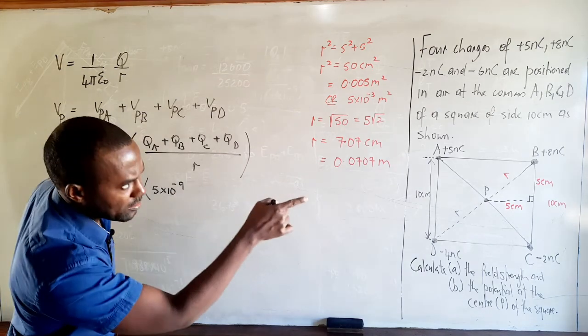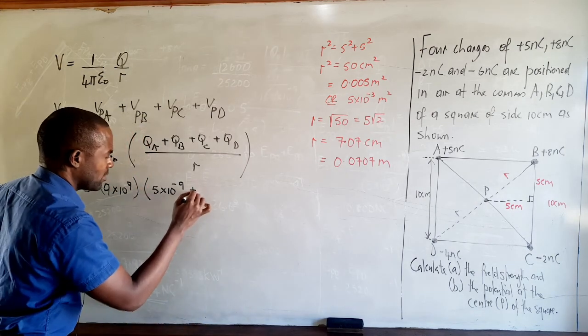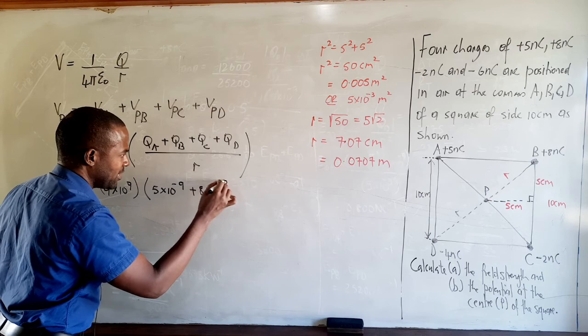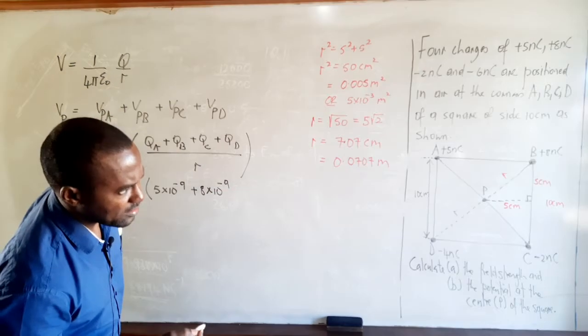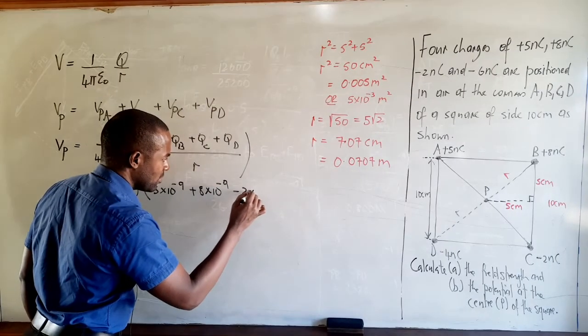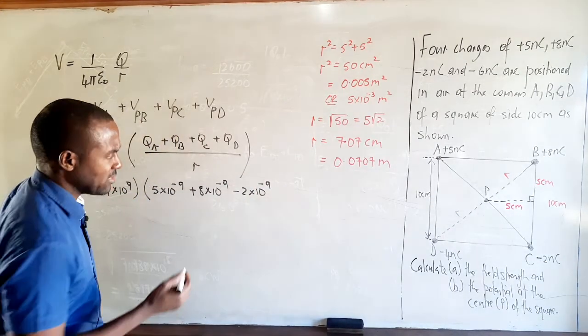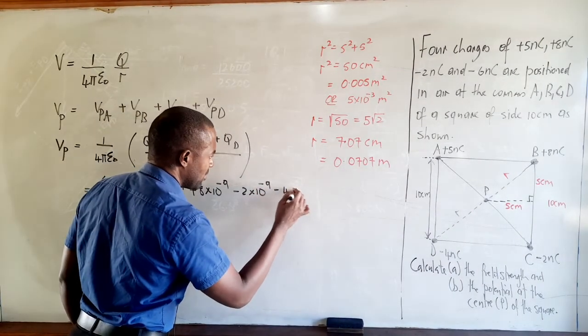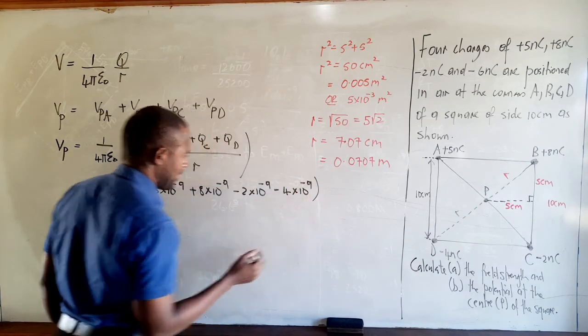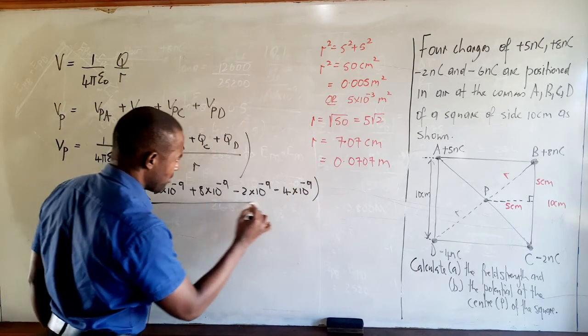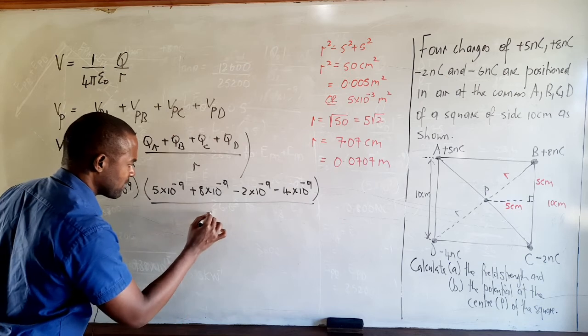The charge at B is plus 8 times 10 to the minus 9. The charge at C is minus 2 times 10 to the minus 9, and the charge at D is minus 4 times 10 to the minus 9, all over r, which is 0.0707.